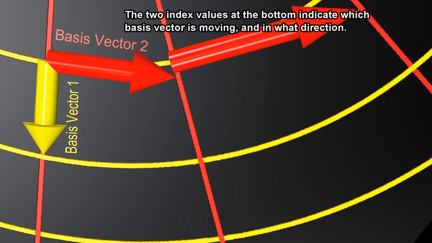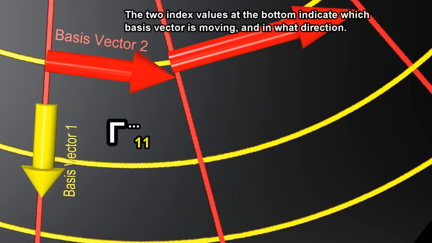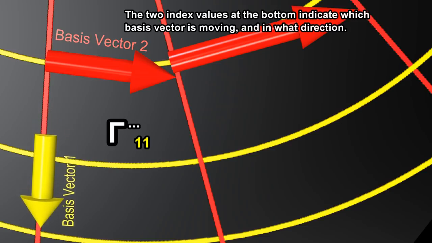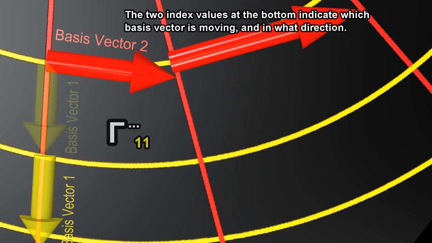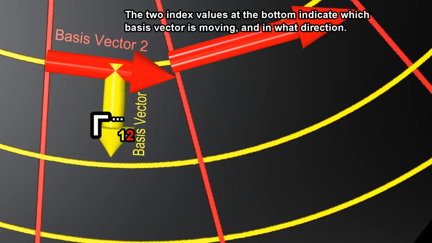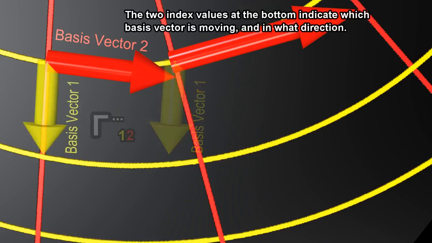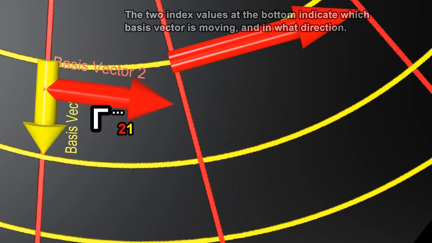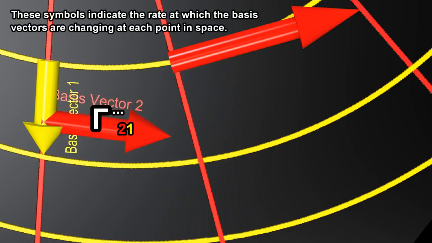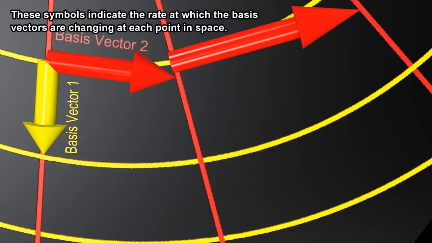The two index values at the bottom indicate which basis vector is moving and in what direction. These symbols indicate the rate at which the basis vectors are changing at each point in space.